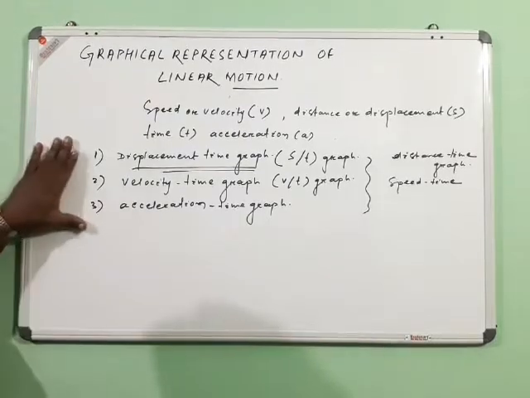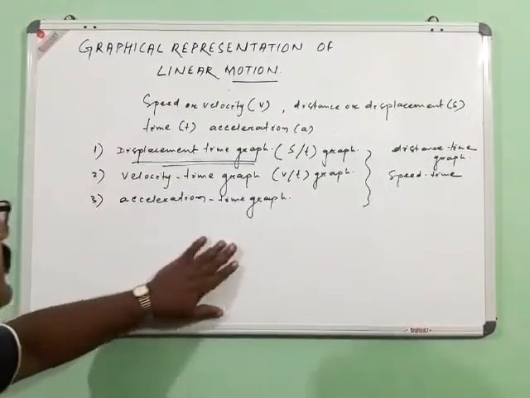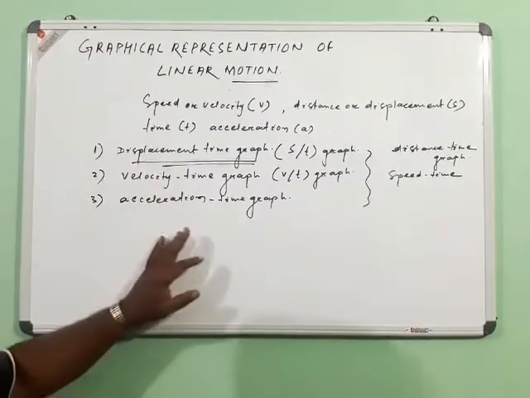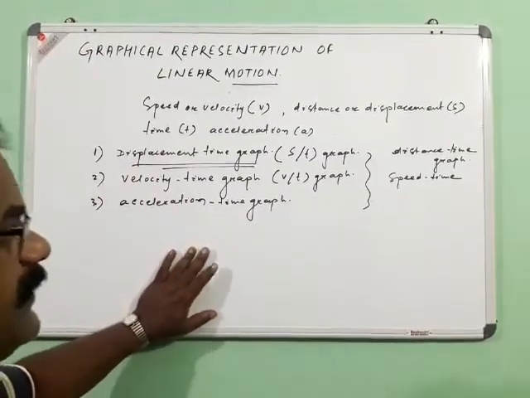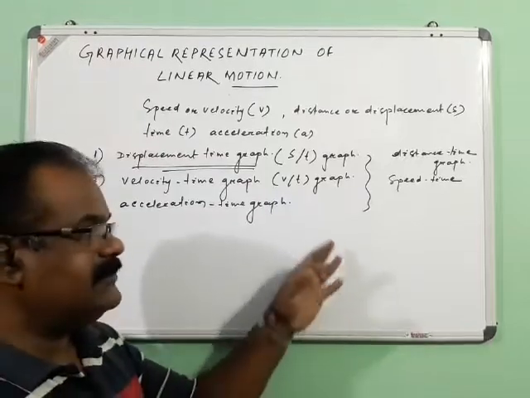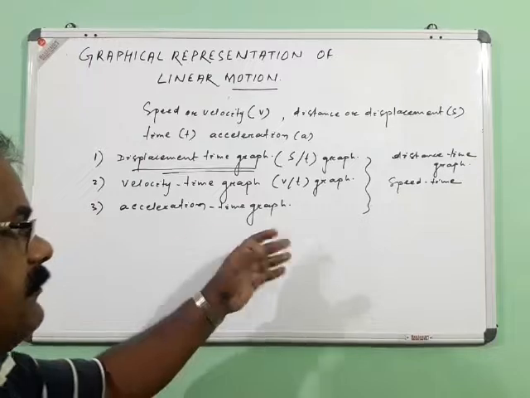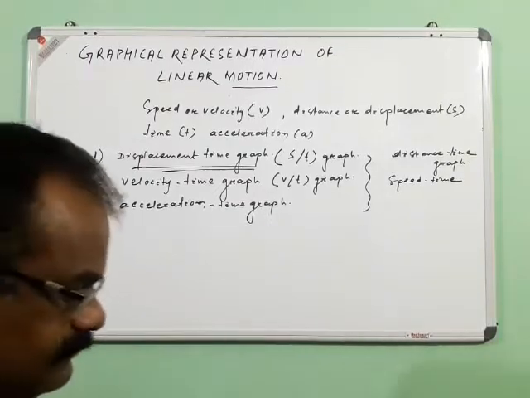So out of all these three, in this part we will discuss the various aspects of the displacement time graph, how to draw the displacement time graph, and how to calculate the velocity and speed from it.